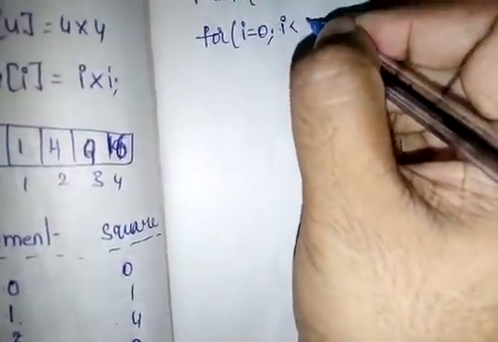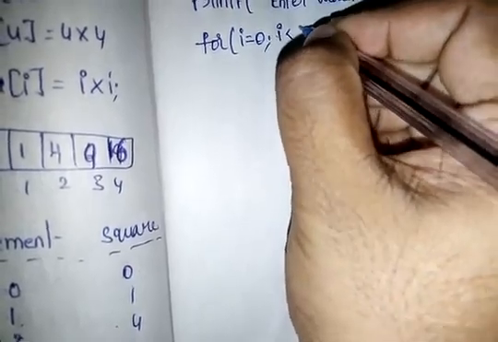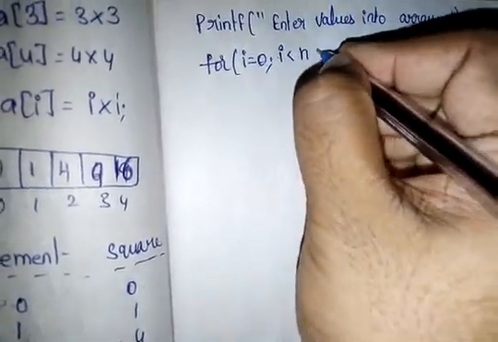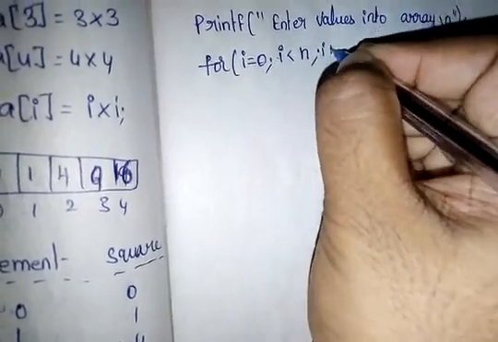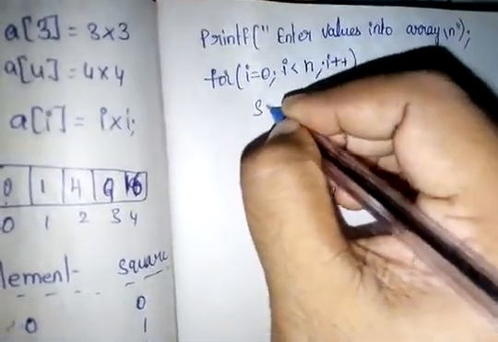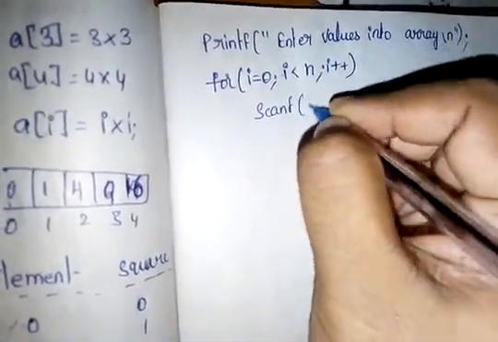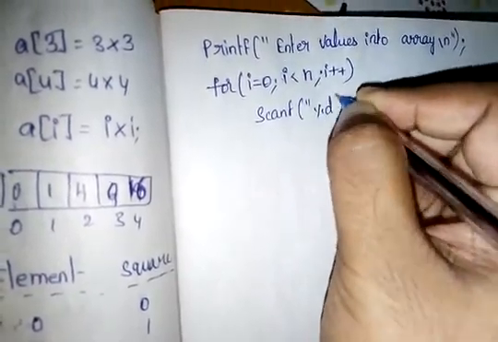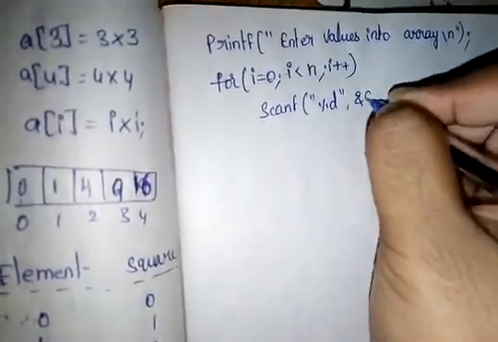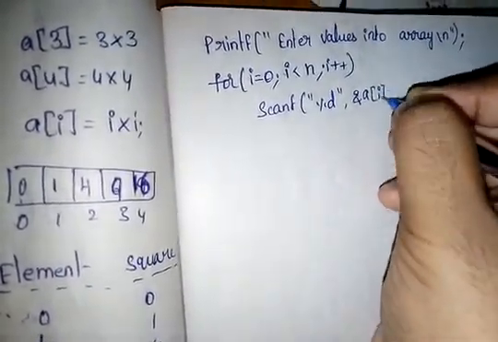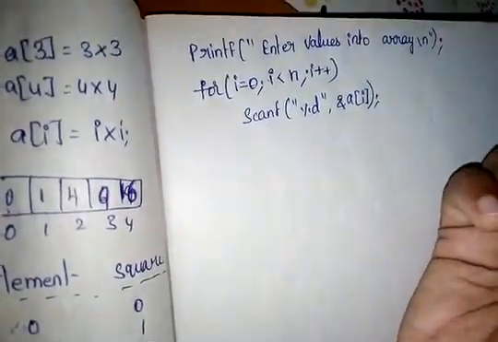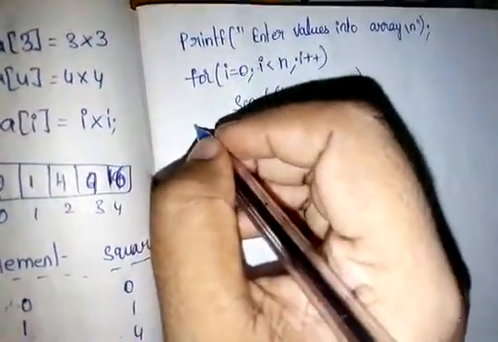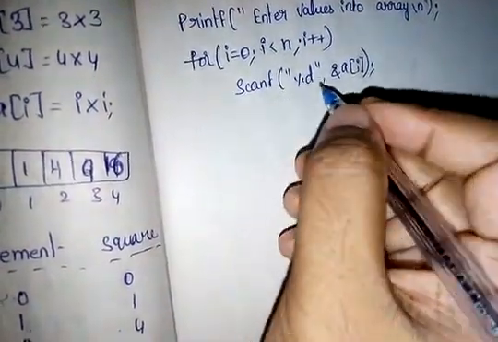How many elements the user is going to enter is placed in n. So i less than n, i plus plus. Use the scanf function to take input values, %d comma ampersand a of i. Fine.